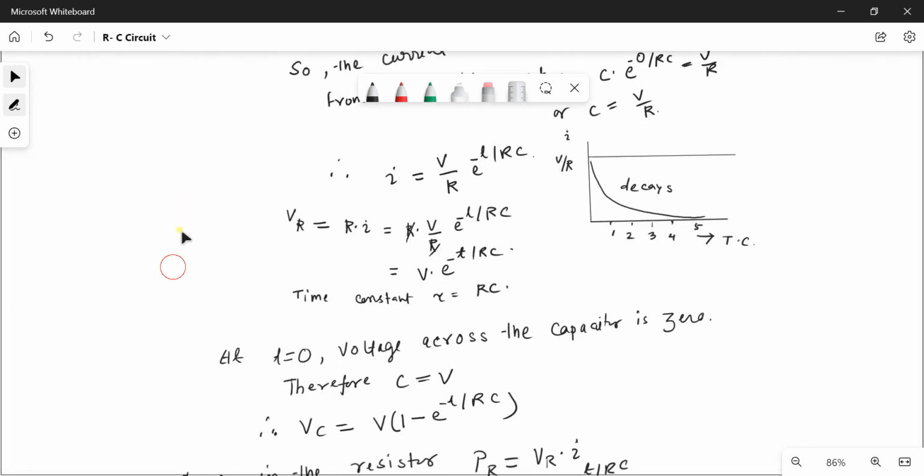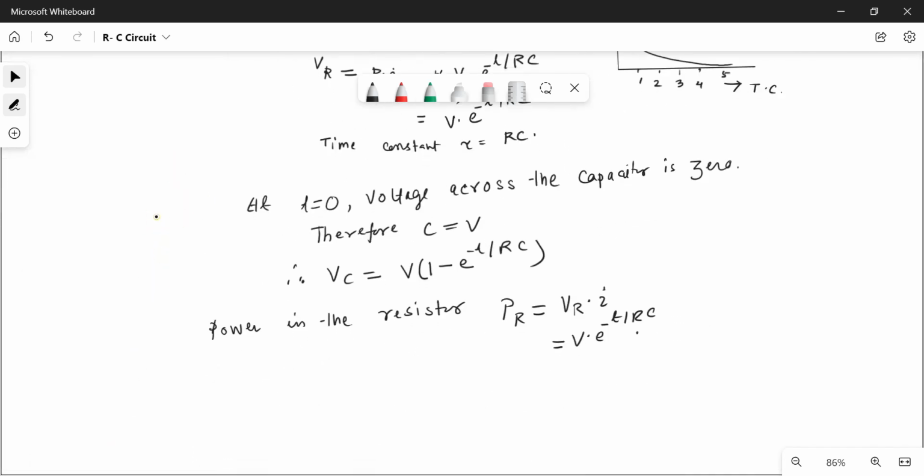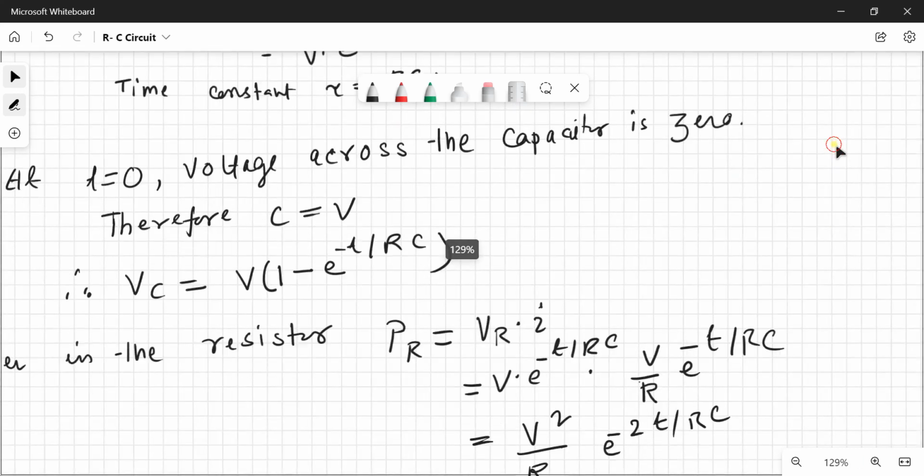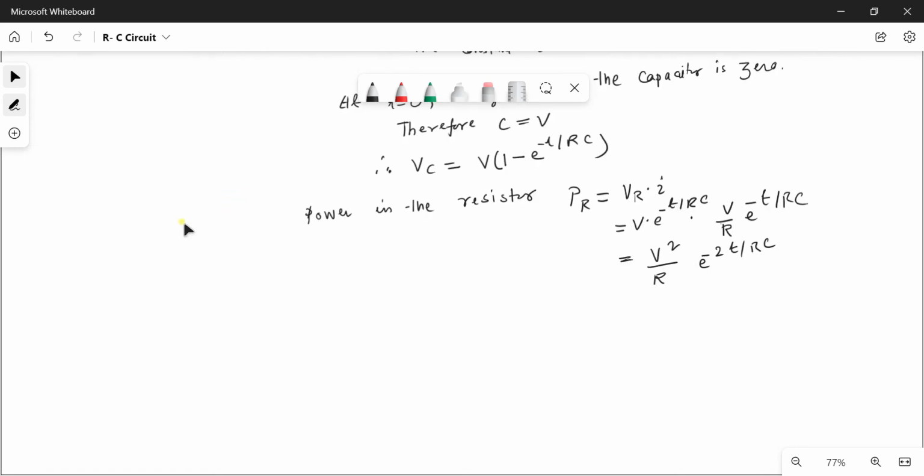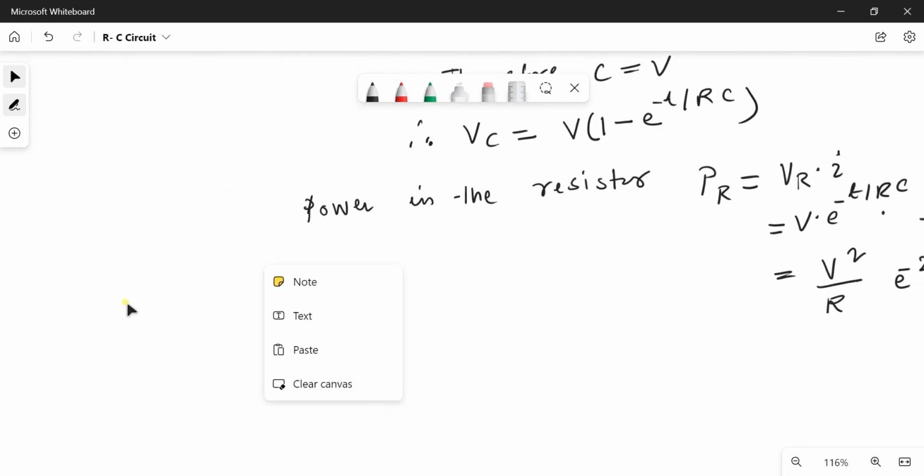Here our objective is to find the power in the resistor and power in the capacitor. So PR is V square by R e to the power minus twice t by RC.